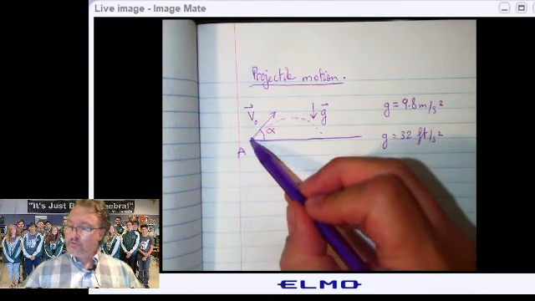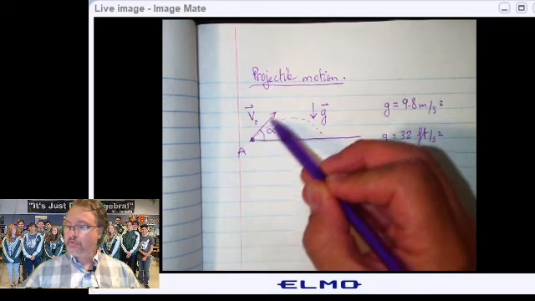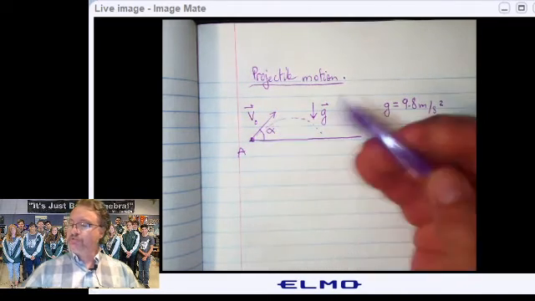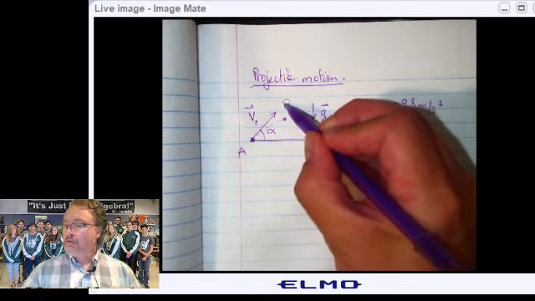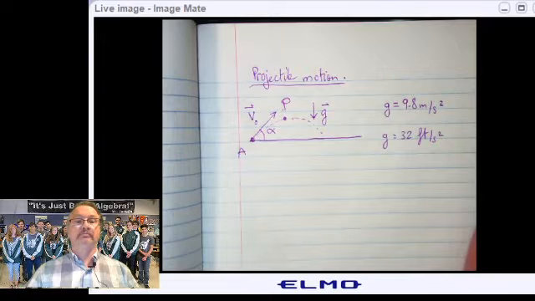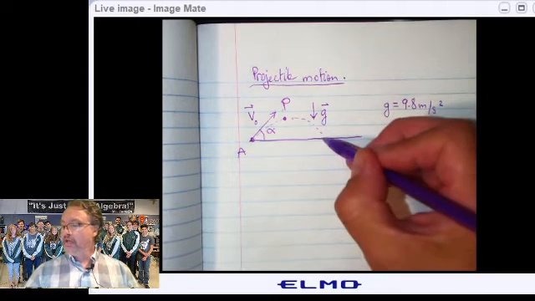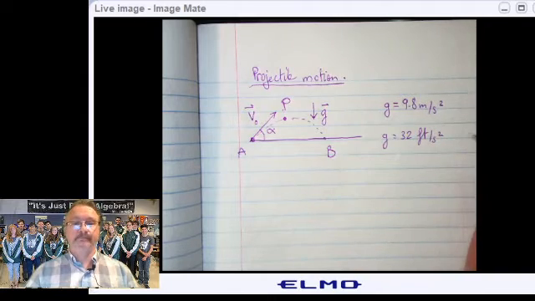So the projectile is initially thrown with this angle, with this velocity, and after a certain amount of time t, we're going to be at the point P right here. Okay. At the end, we're going to land and be at the point B right here.